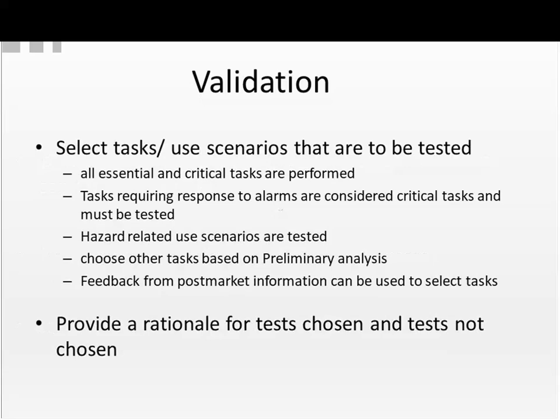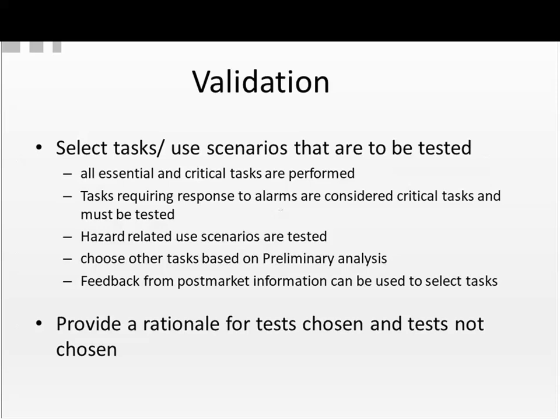To do the validation, we first select tasks and use scenarios that are to be tested. Now, all essential and all critical tasks that we've identified must be performed. Tasks requiring response to alarms are considered critical tasks and must be tested. Hazard-related use scenarios must be tested.